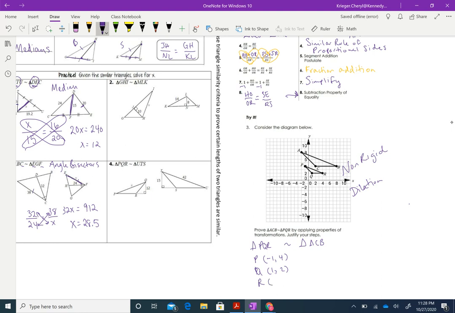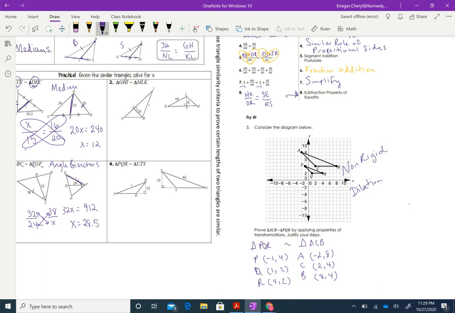And R, 4, 2. So point A, point C, and point B: A is at -2, 8. C is 2, 4. And B is at 8, 4.